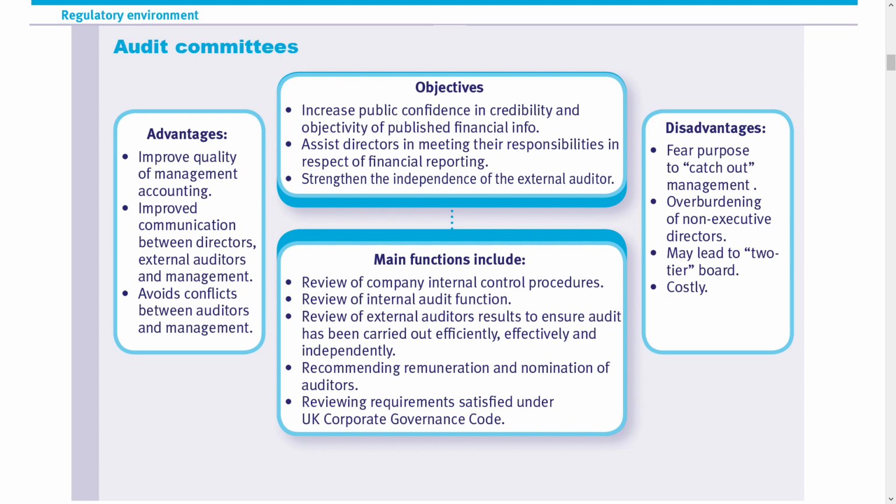Number two, communication. It improves the communication between directors, external auditors and the management. Third, it avoids conflicts between auditors and management. If they have any conflict, the audit committee will come in between and try to resolve the matter. So it avoids conflict.